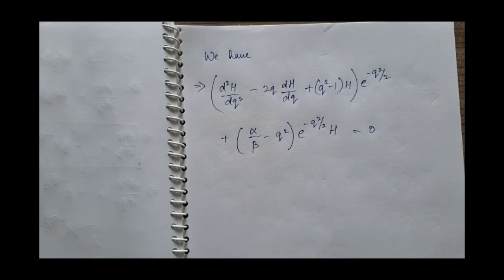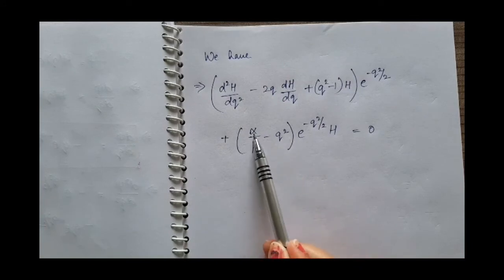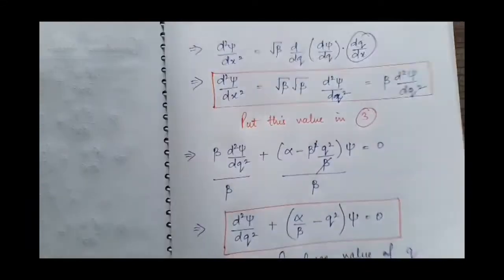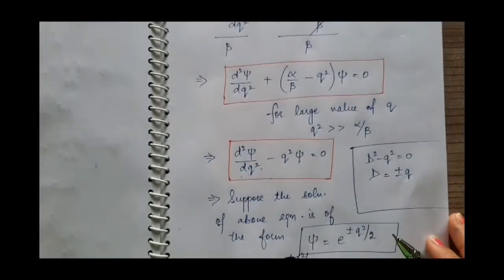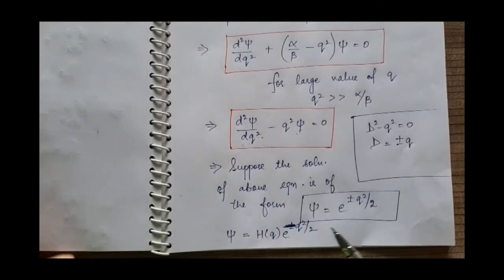So now solve this equation. And how can we solve this equation? Instead of alpha minus q square, we have alpha by beta minus q square. Why? Because this is the solution of this differential equation, the approximate solution of this differential equation will be this.